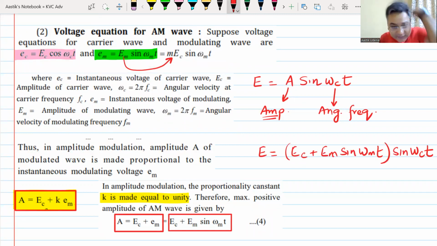I'll give you 2 minutes to note this down. You just have to note down the important facts. Here we have explained what all the terms mean. I hope you understand the meaning of these terms. You just have to note down the value of the amplitude. If k is 1, it is like this, then you can write the wave like this. I'll give you 2 minutes to note it down.